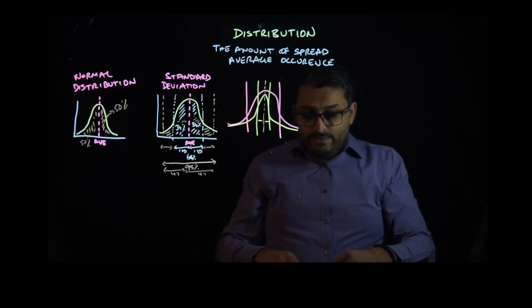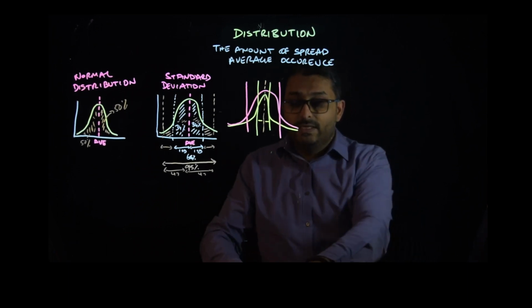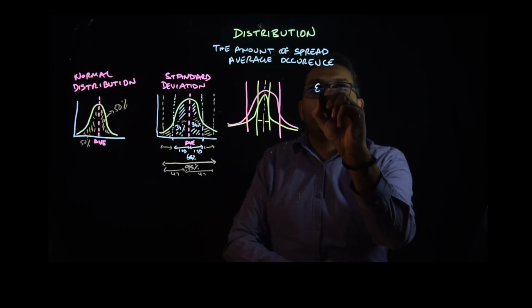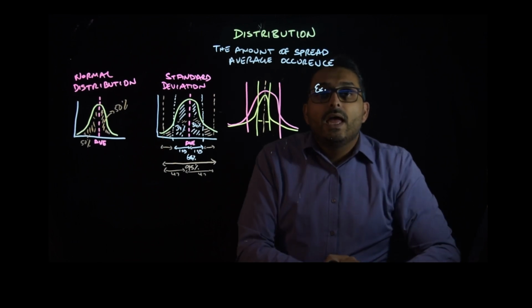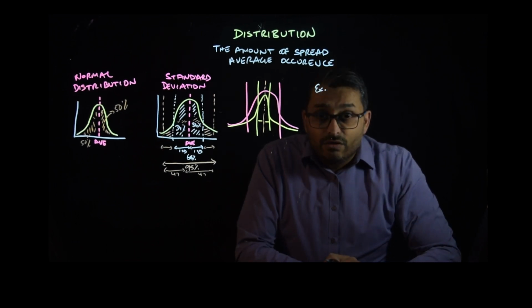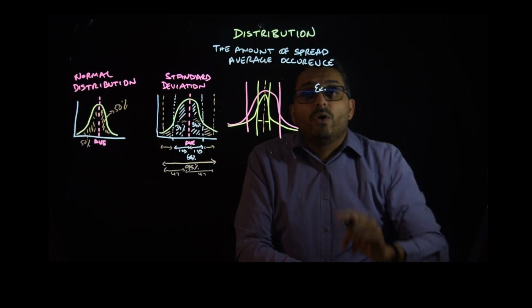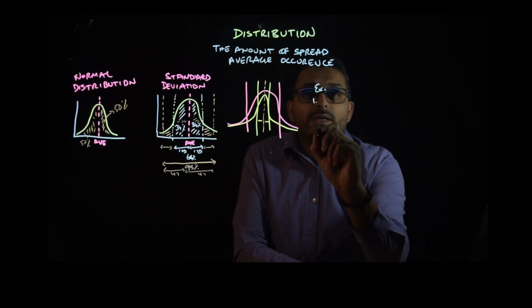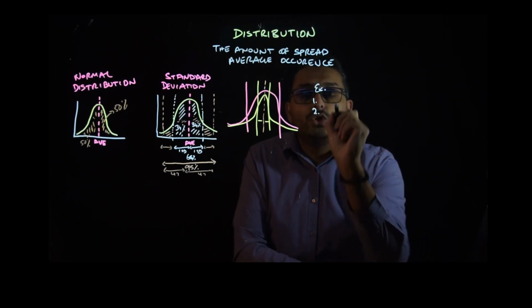So I have two sets of data. So let's just say example. And each set of data has 5 data points. So I've got set 1 and I've got set 2.